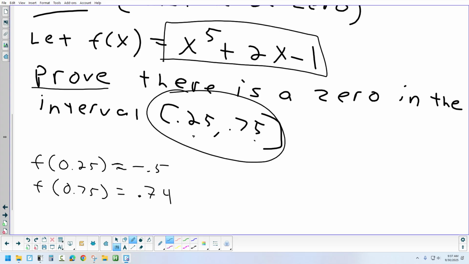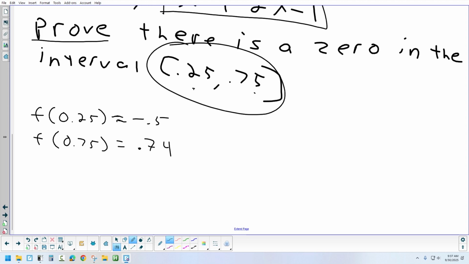Yeah? 0 is between those two numbers. Right, 0 is between these two numbers. You are starting at a negative y value in this interval, and you are ending at a positive y value. If you go from a negative value to a positive value, and you never lift your pencil doing it, you're going to have to draw through the x-axis at some point. And that means you have a 0. So that's what we want to write down.